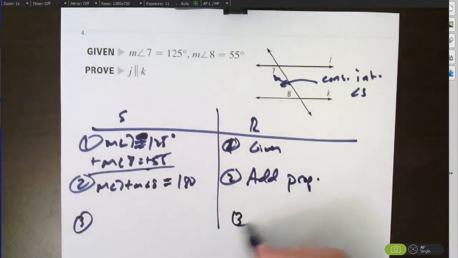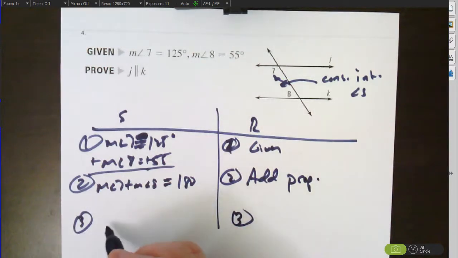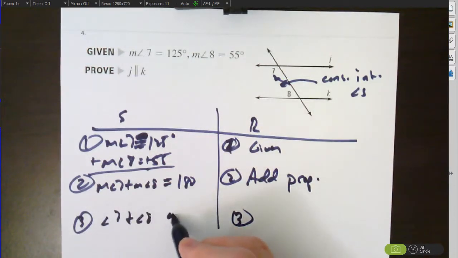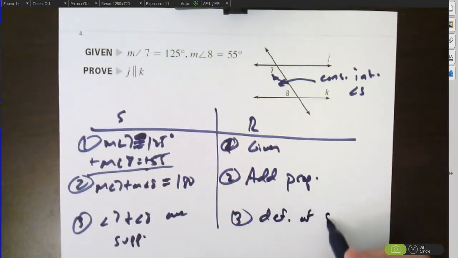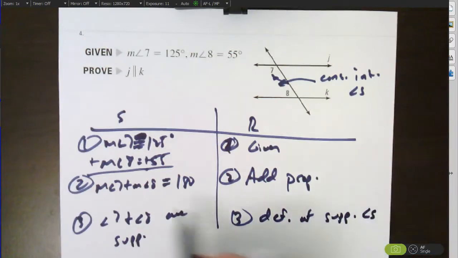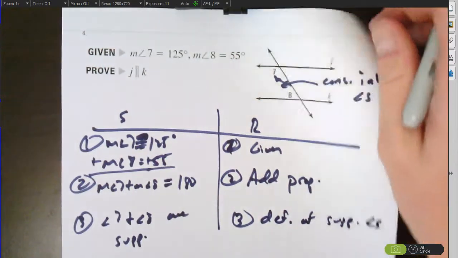Step 3 then states, hey, if those guys add to 180, angle 7 and angle 8 are supplementary by the definition of supplementary angles, because they're two angles that add to 180 degrees.